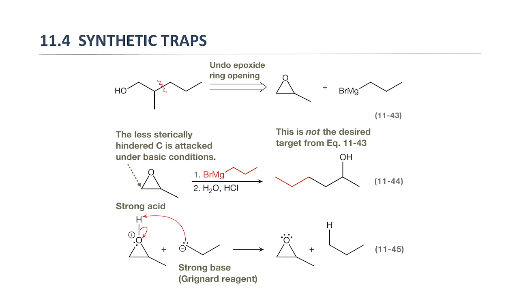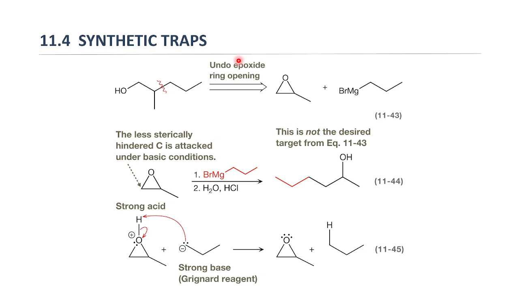And so we've pitted ourselves into a bit of a trap here. This is not going to lead to our intended product, which is that one right there, because we have put right here the retrosynthetic undo epoxide ring opening, and we've now stuck ourselves in this problem.